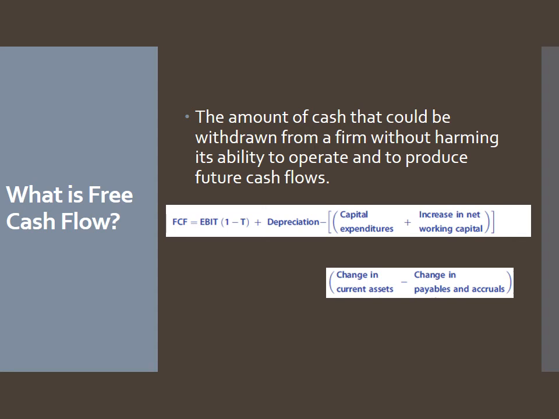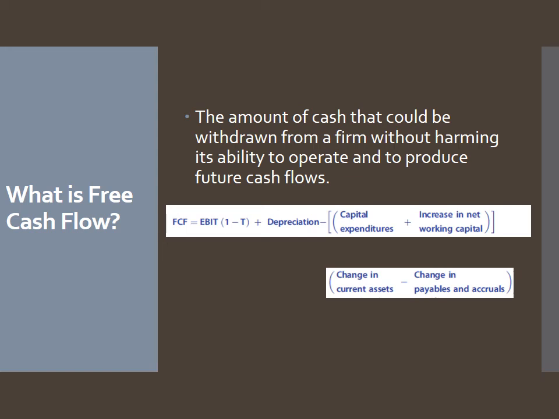Okay, as far as we have focused on the financial statements, it is important that the concept of free cash flow be introduced. Free cash flow is important for large companies because security analysts use it to help estimate the value of the stock.